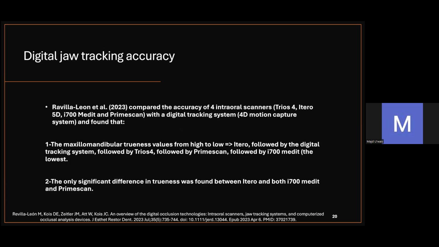Ravella, Leon, and his colleagues in 2023 compared the accuracy of 4 intraoral scanners, Trios 4, iTero, i700 Medit, and PrimeScan, with a digital tracking system, which is the 4D motion capture system, and found the maxillomandibular trueness values from high to low: iTero associated with the highest trueness, followed by the digital tracking system, followed by Trios 4, followed by PrimeScan, followed by i700 Medit, which was associated with the lowest trueness.